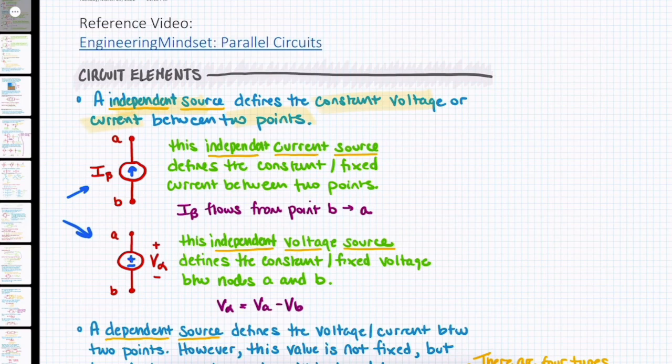So an independent current source is one that defines the constant or fixed current between 2 points. Normally, we label the value to the side. So what we're being told here is that a constant known current, I beta, flows from point B to point A as exemplified by the direction of that arrow.